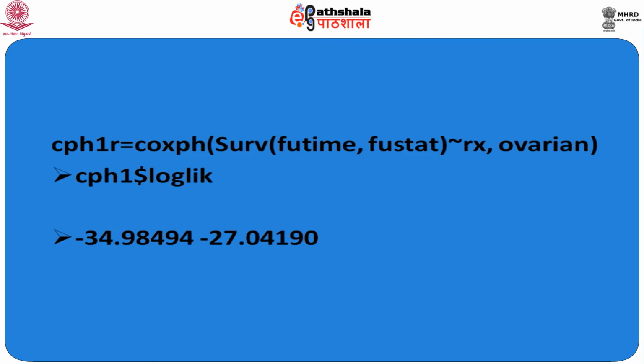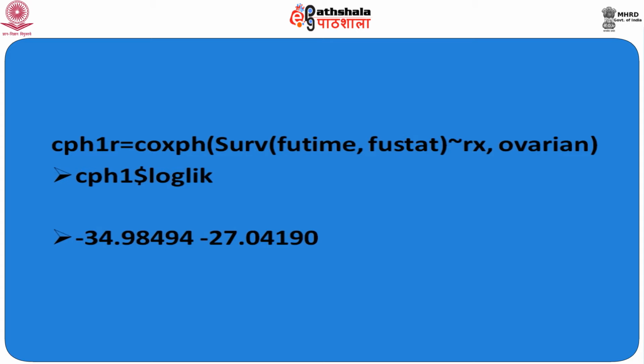Now we come to the log likelihood value. Since we have two treatment groups, Rx1 and Rx2, here we put coxph of Surv of FU time and FU stat follows Rx. You may remember that in earlier modules we used survfit with Surv, FU time and FU stat within parentheses.